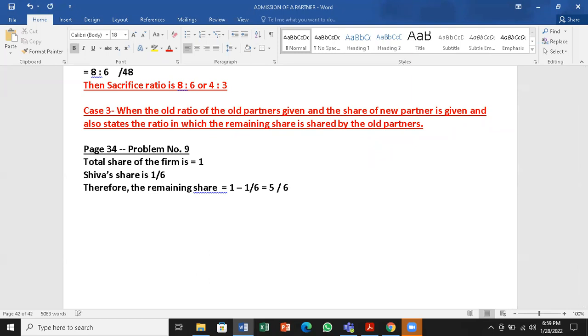Here we have to find the new profit sharing ratio, which is equal to agreed share multiplied by remaining share.